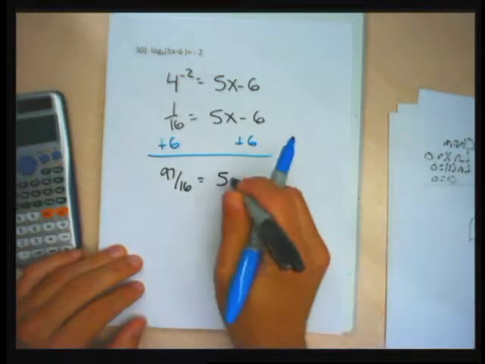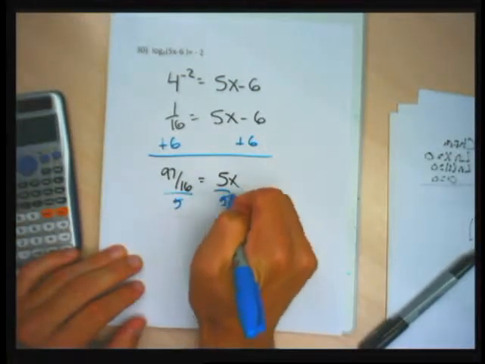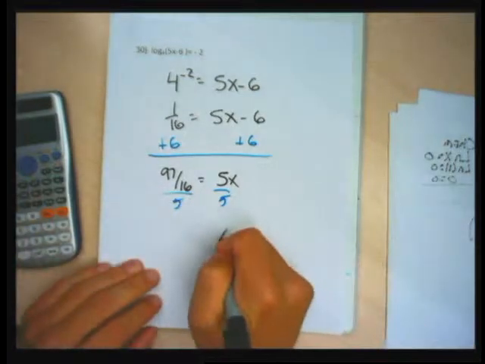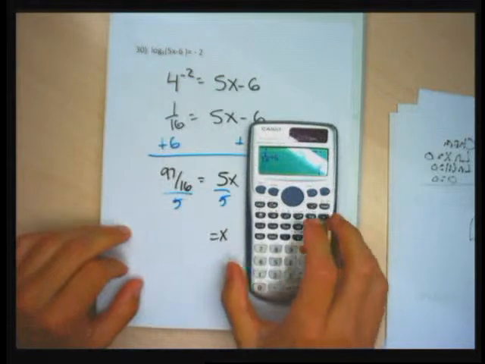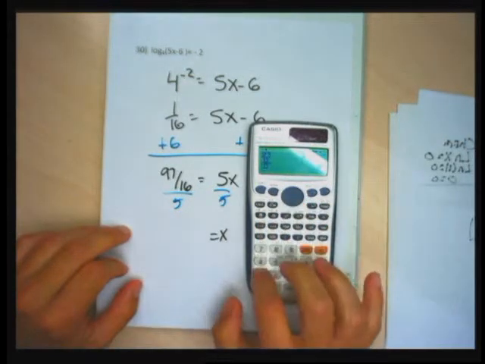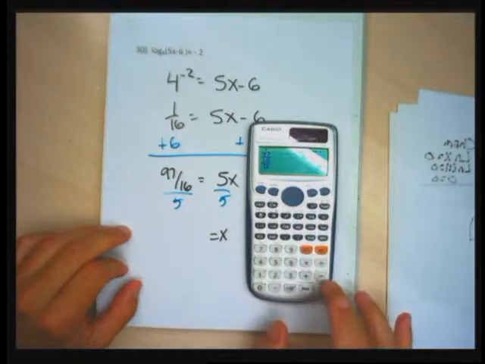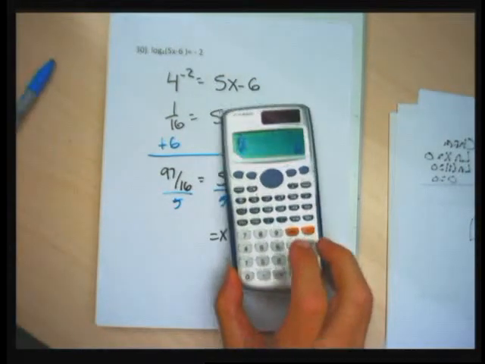I divide both sides by 5. And I'm going to get x equals, I should probably do this by hand, but the fraction in the numerator of 97 over 16 divided by 5, and I get 97 over 80.